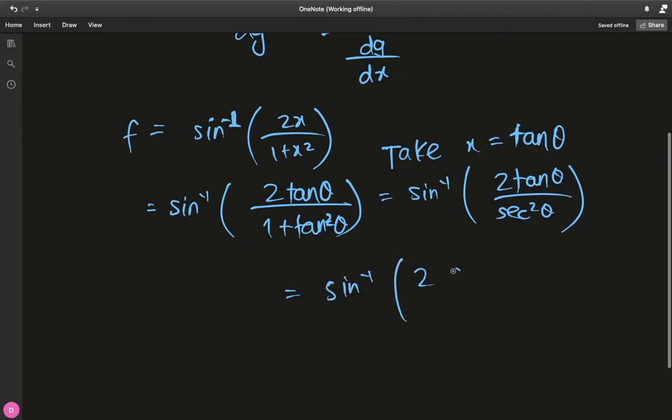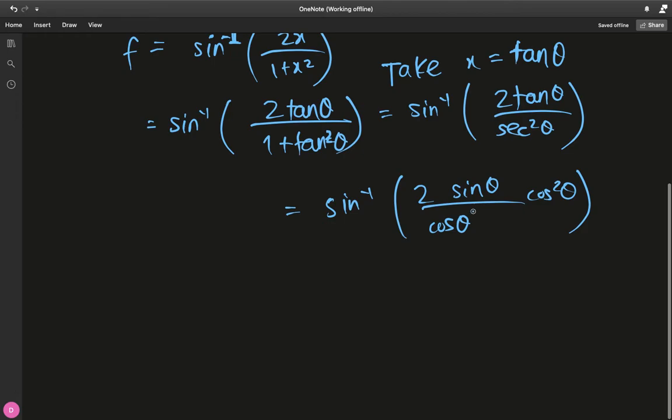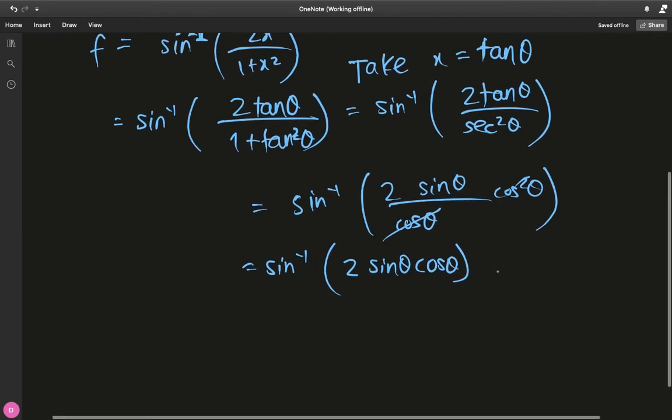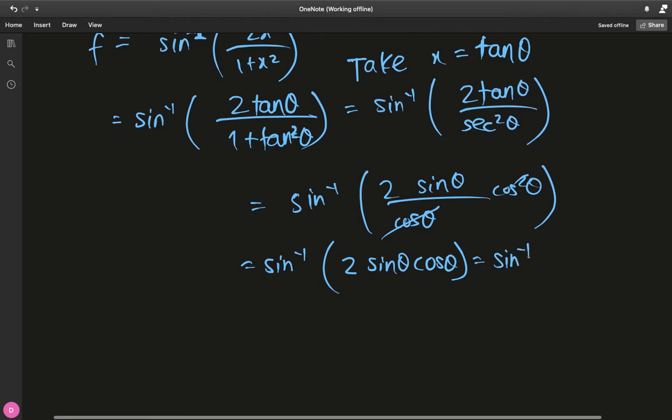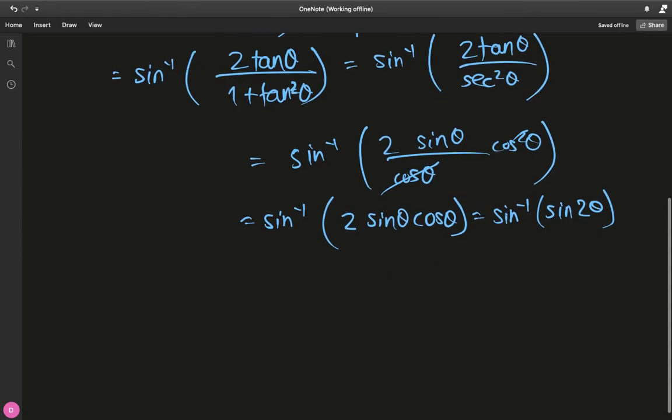Tan is sine theta over cosine theta, and secant is 1 over cosine squared theta, which puts cosine squared theta in the numerator. So one of the cosines cancels out. We have sine inverse of 2 times sine theta cosine theta, and this 2 times sine theta cosine theta is sine of 2 theta, the double angle formula of the sine. So sine inverse and sine cancel out, giving us 2 theta.